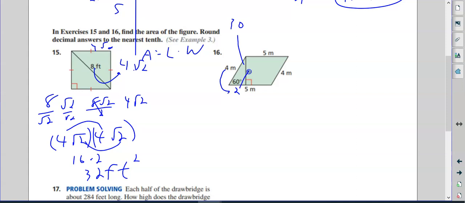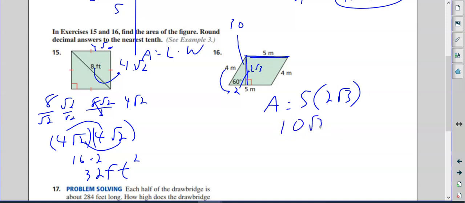So that means this, you just simply multiply by radical 3. So length times width, base times height, there's that. There's this. Area is 5 times 2 radical 3, which means 10 radical 3. And round to the nearest tenth, that's 17.3 meters squared.